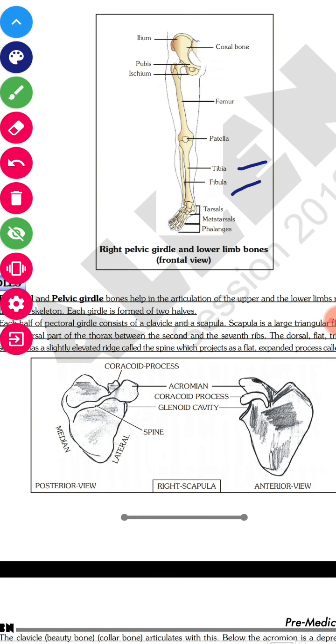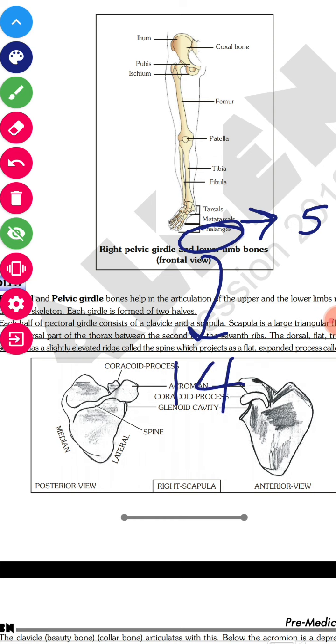Now see, tibia and fibula we saw. Then we'll see tarsals. Tarsals means, the way we had wrist bones, here we are going to have heel bones or something like that. So tarsals are going to be there. Carpals were 8, but tarsals are going to be 7. Metatarsals are going to be 5, and phalanges are the same as in the hand, that is 14 in the fingers.